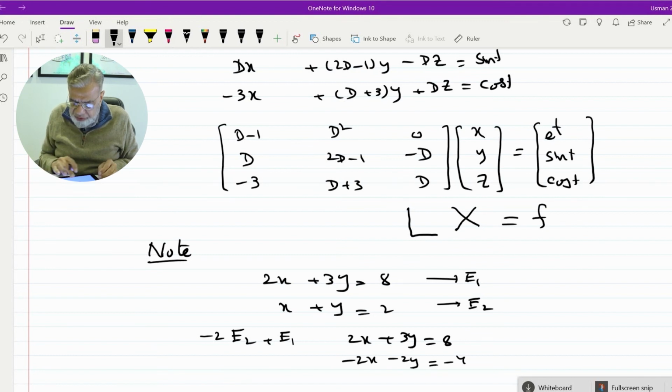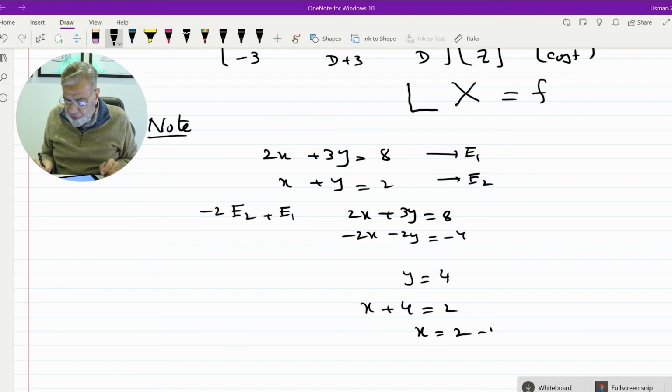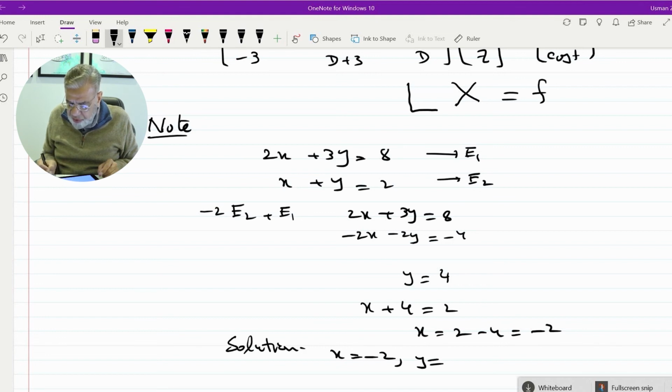Adding them, we get the value of y is equal to 4. I put the value of y in equation 2. We get x plus 4 is equal to 2, then x is equal to 2 minus 4, which is minus 2. So the solution is x equal to minus 2 and y equal to 4. I substitute here, and my equations are satisfied. So this is a way how we can eliminate.